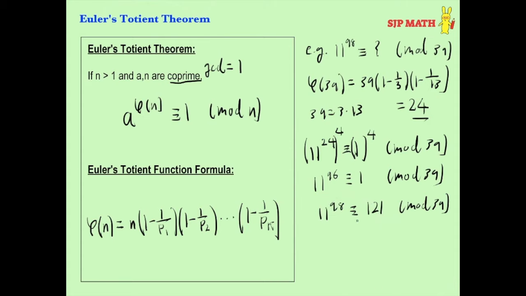It will be congruent to 4 mod 39. So therefore, the remainder when 11 to the 98 is divided by 39 is equal to 4, by using Euler's Totient Theorem. So that is how you use Euler's Totient Theorem, by building a power tower.